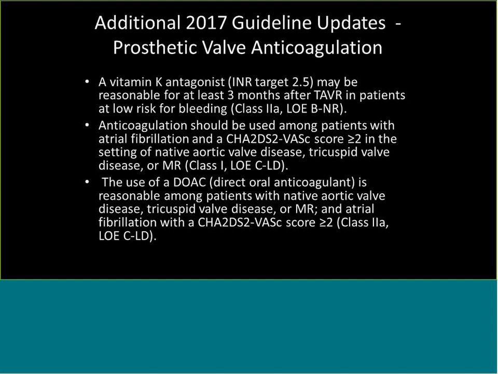The use of a direct oral anticoagulant, so our newer direct-acting anticoagulants, is reasonable among patients with native aortic valve disease, tricuspid valve disease, or MR, and AFib. So that's the patient who, we just said VKAs. Now they're saying direct oral anticoagulant.